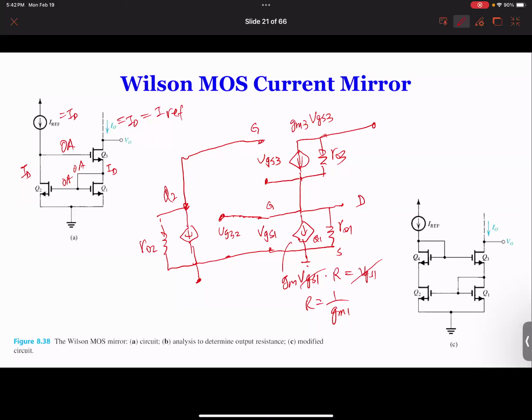So in this case, it will be simpler if we apply a current called Ix, and let's calculate Vx. So if we input an Ix, what would you get over here? Same Ix, correct?